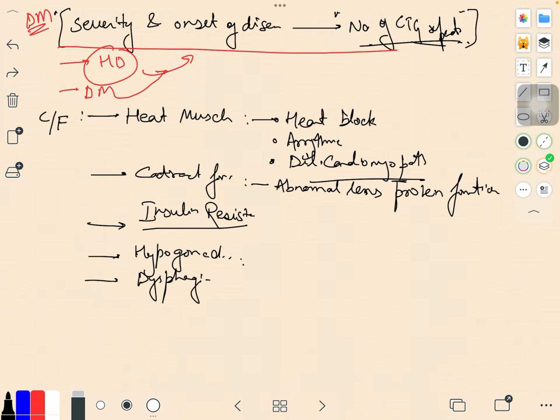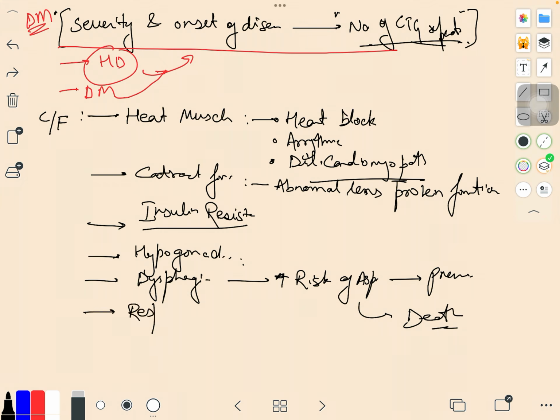And because of this, risk of aspiration increases, which will again lead to pneumonia, and in severe cases death can occur. One more mechanism which can cause death is respiratory arrest, because of severe contraction in the diaphragm. Now the diaphragm is also a muscle, right? So this can also happen to the diaphragm.